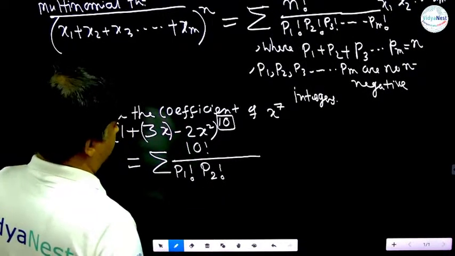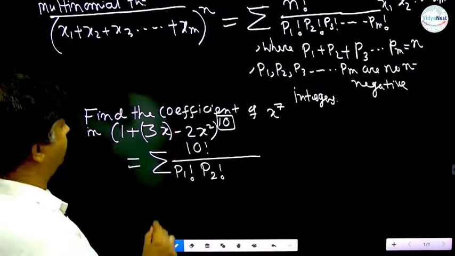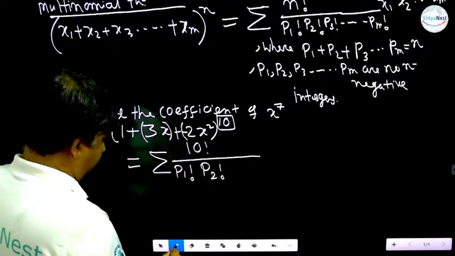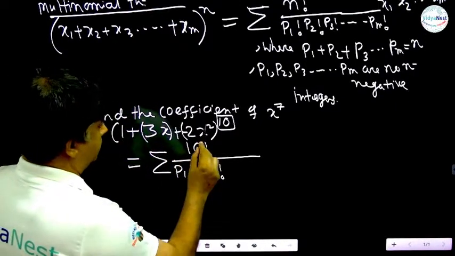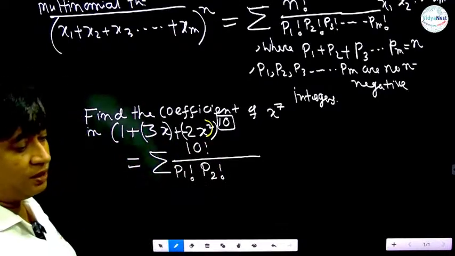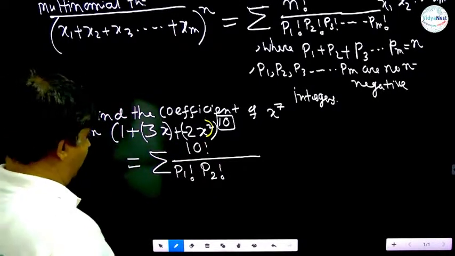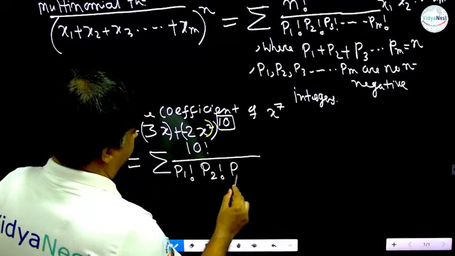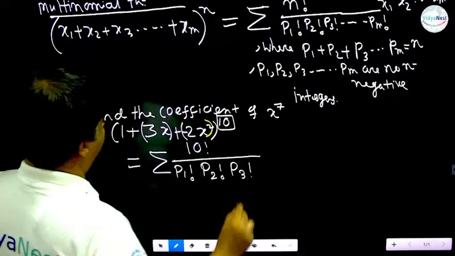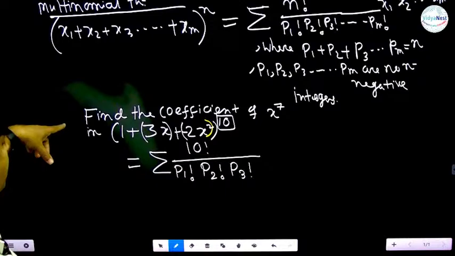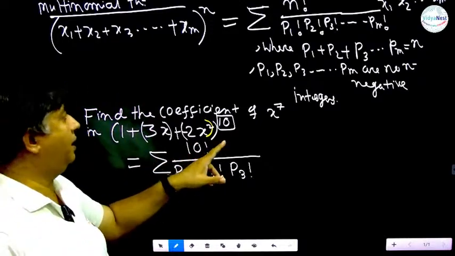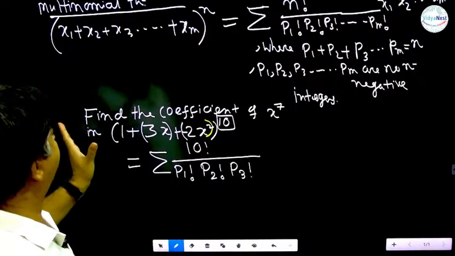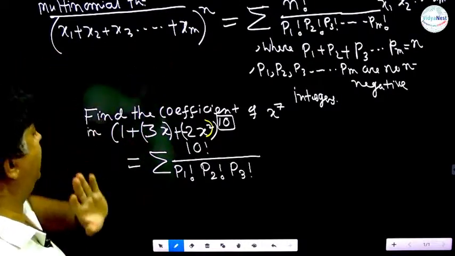And that minus 2x square, that occurs p3 times. So, यहाँ पे जो सम है एक ट्राइनोमियल है, so I can consider this as the part of multinomial.